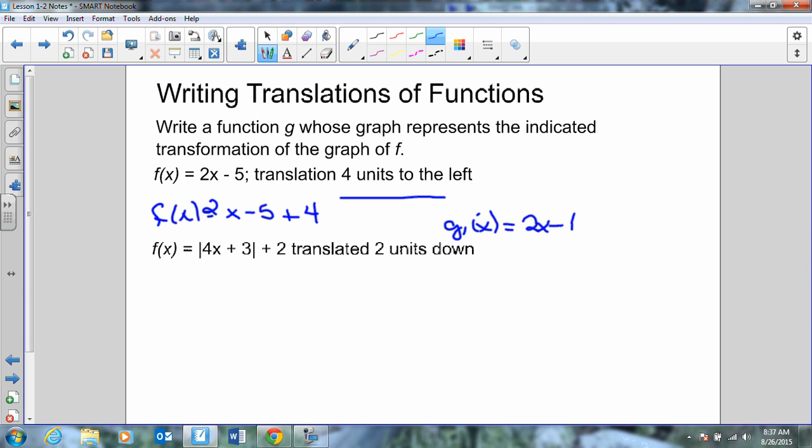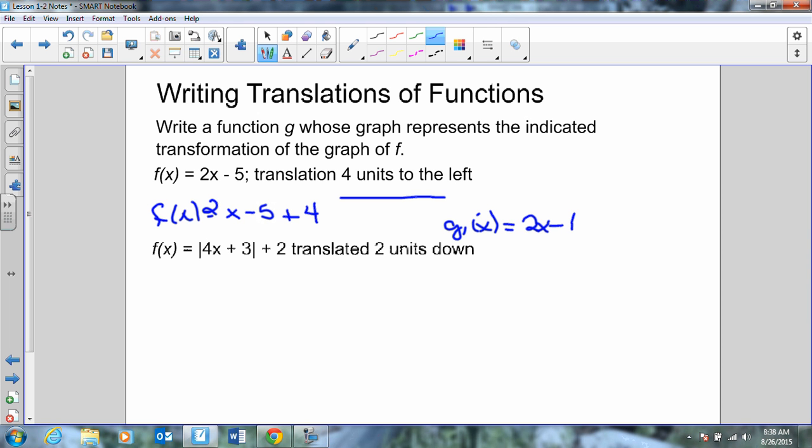Okay. So tell me about this f of x. What's the parent function for this? Absolute value. What did the absolute value look like? Is it a line, a parabola, a U, or a V?